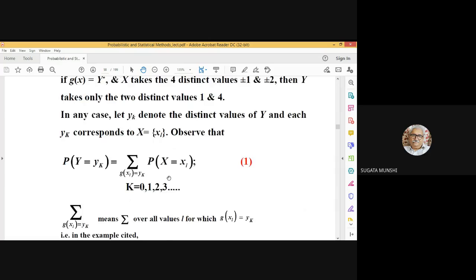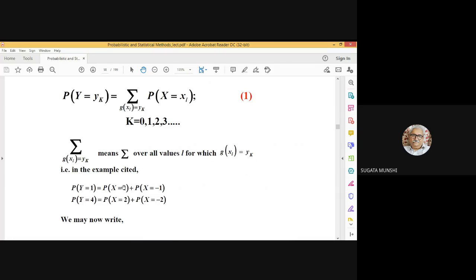Referring to the example, equation 1 represents: probability of y equal to 1 is probability of x equal to 1 plus probability of x equal to minus 1. And probability of y equal to 4 is probability of x equal to 2 plus probability of x equal to minus 2.